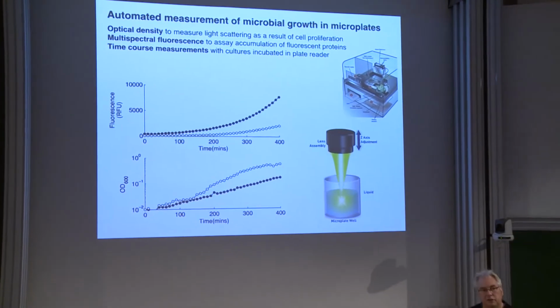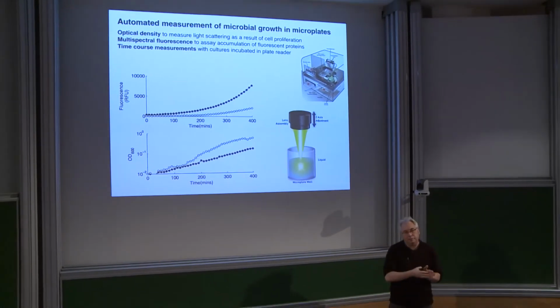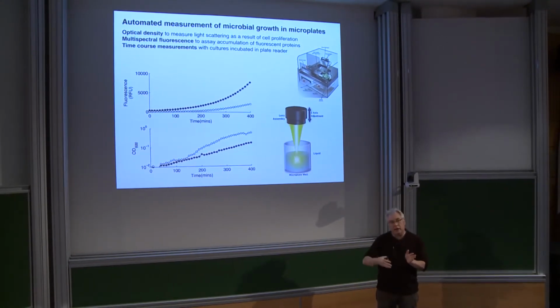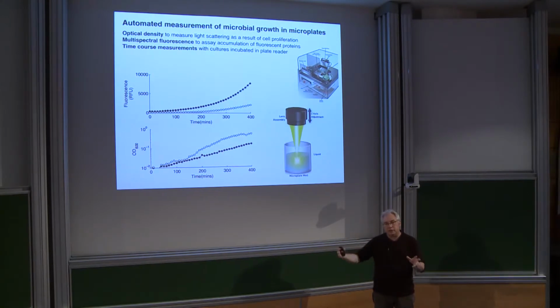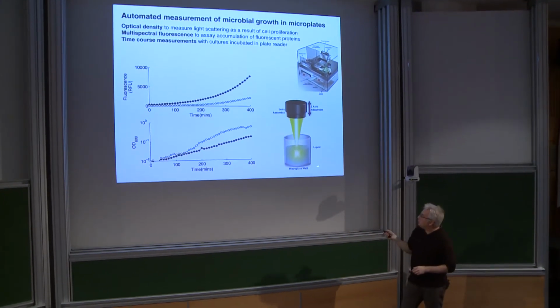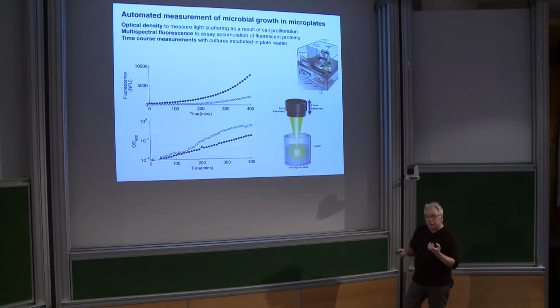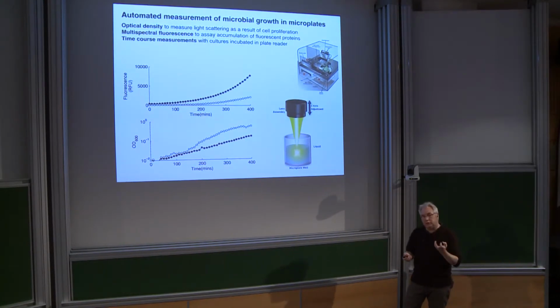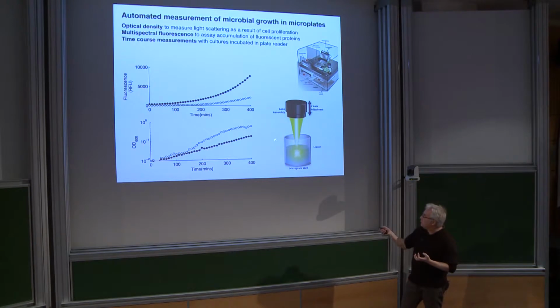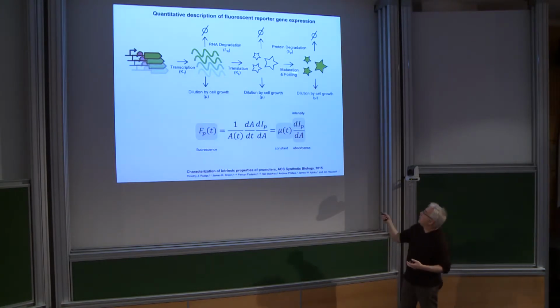And one of the things that we've been trying to do in this effort to create computational systems which create cellular interactions is to understand, at the lowest level, what individual parts are doing, and to get intrinsic values or estimates or measurements of what, say, promoters or other circuit elements are doing inside a cellular context. But here we're not looking at individual cells, we're looking at a population of things, and the process of creating fluorescent proteins is schematized here. So here's our gene, here's fluorescence at the end of the day.